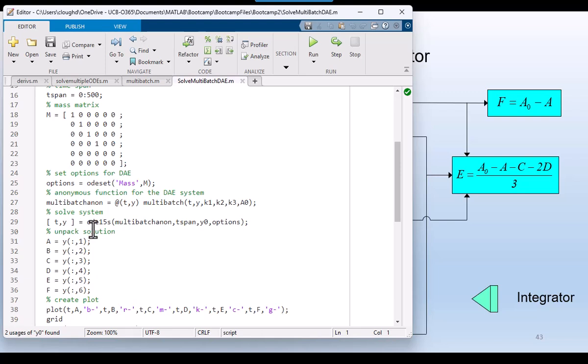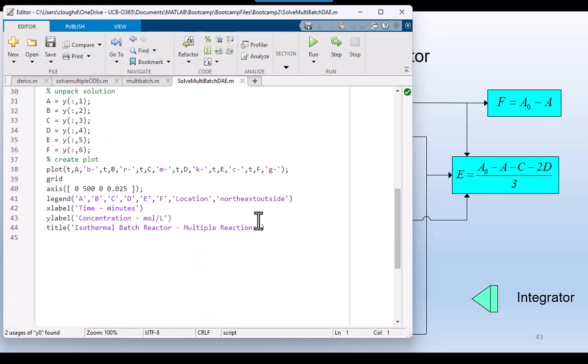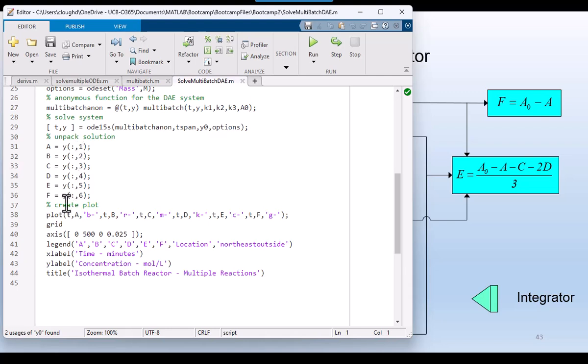And then we ask ODE15S, we need that because we're doing a DAE, to solve this in the same way we did before. We unpack the solution into our 6 variable names, and then create a more extensive plot of all 6 of them, and include a legend. And then you'll notice we elaborated a little more on the legend here.